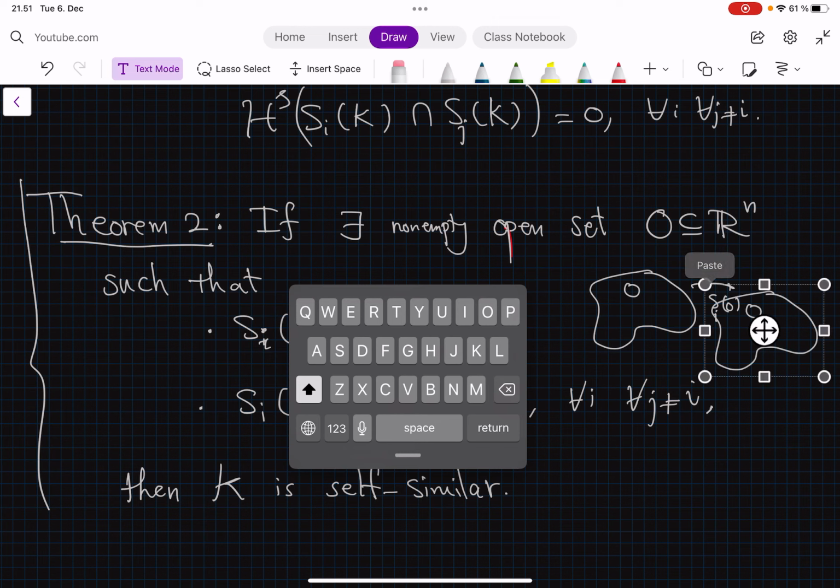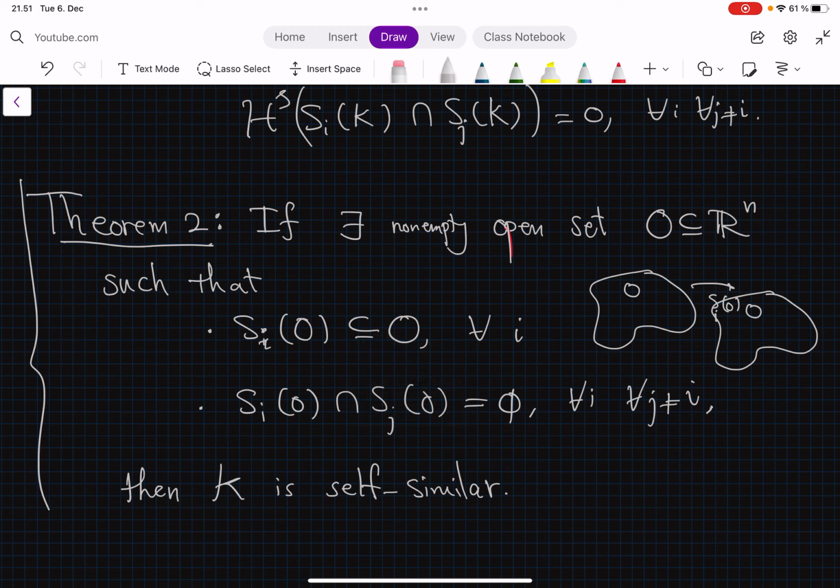Sorry about that. That wasn't the easiest way to do. So that is the set O, and we will have that Si maps O into something that is in the interior of itself, and that is for every single one of them.